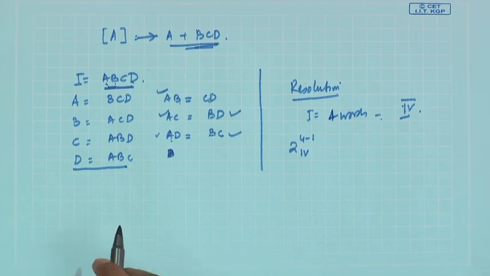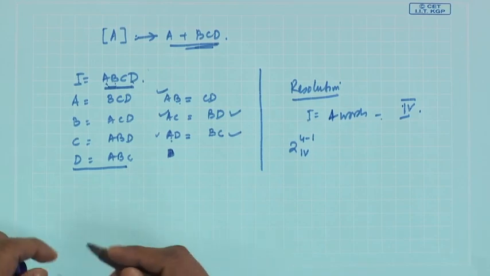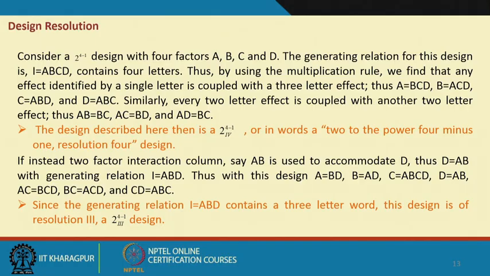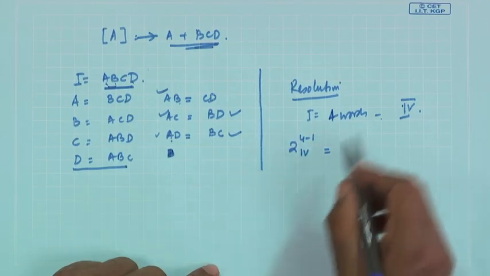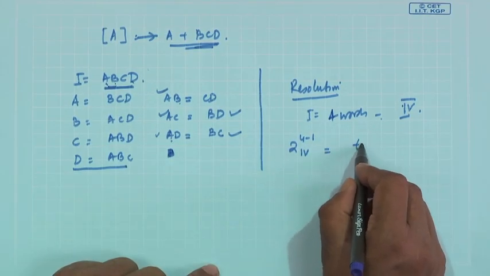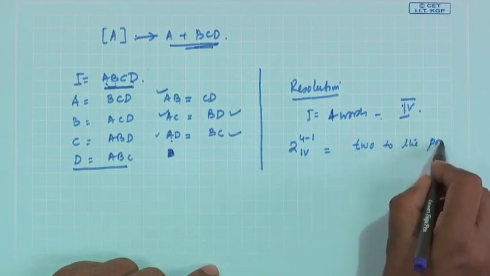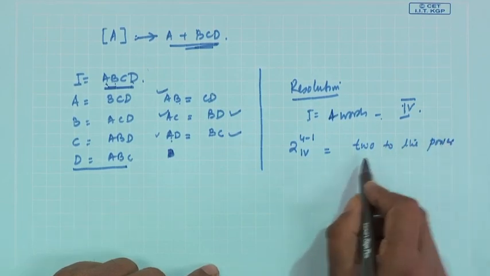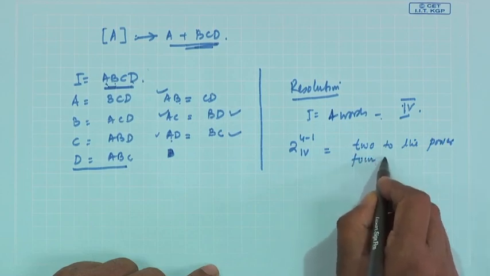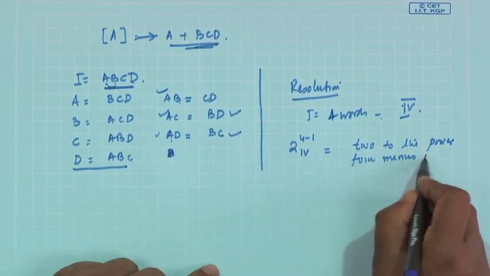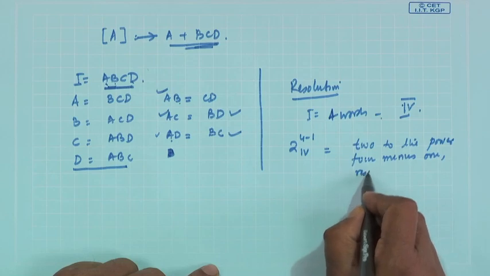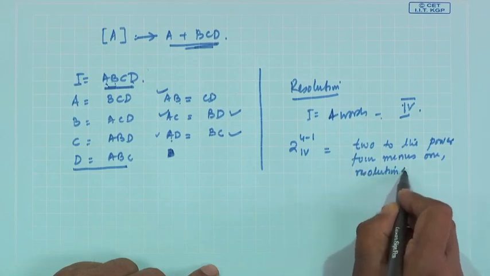So, in this example it will be 2 to the power 4 minus 1, resolution 4. This will be written like this: fractional factorial design 2 to the power 4 minus 1, resolution 4.